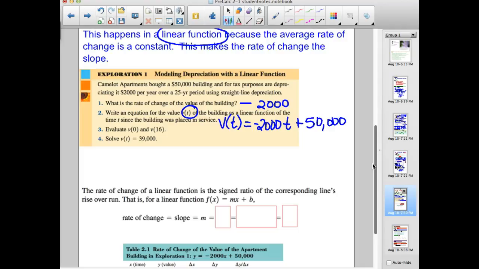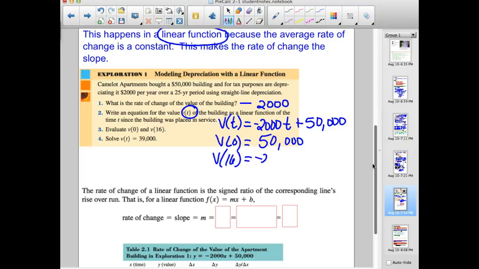Now it says evaluate V of 0. Well, if you put a 0 in for time, what do you get? We just bought it, right? Time 0. We just bought the building, and it had a value of $50,000. When we find V of 16, we are saying, what is the value 16 years later?